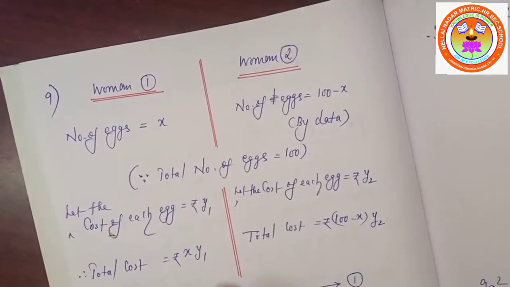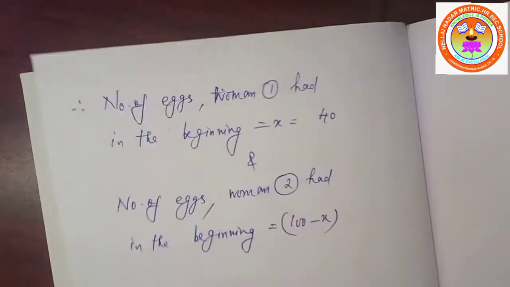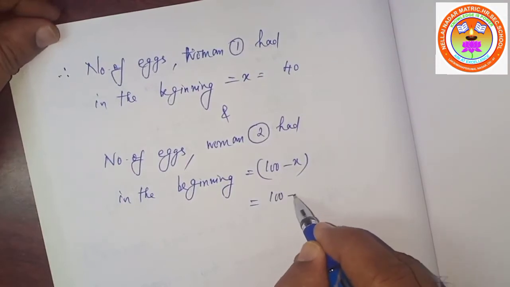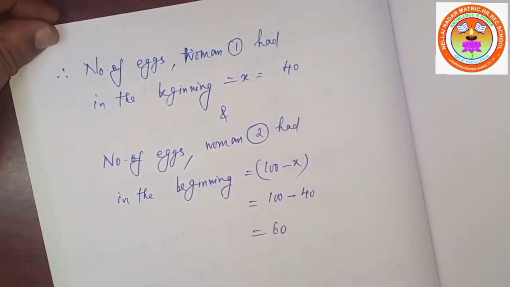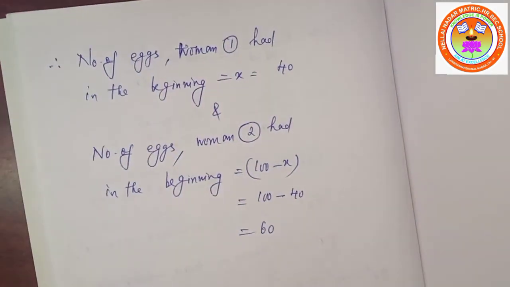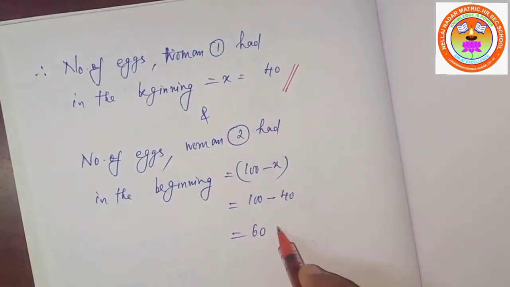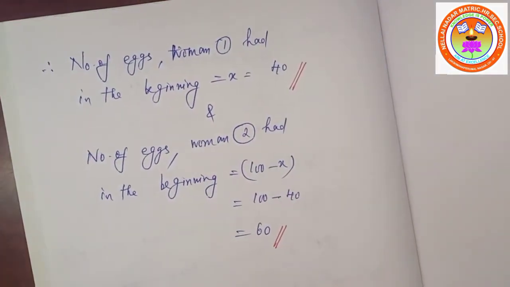Correct? Here x, here 100 minus x. 100 minus x value is 100 minus 40, equal to 60. 40 and 60. Total number of eggs together is 100. Correct?